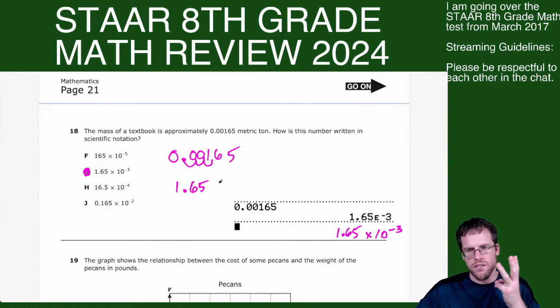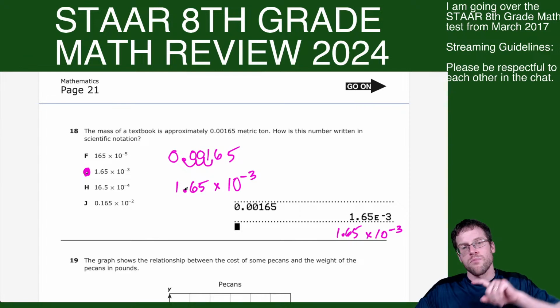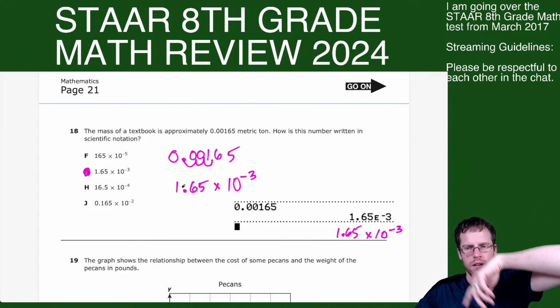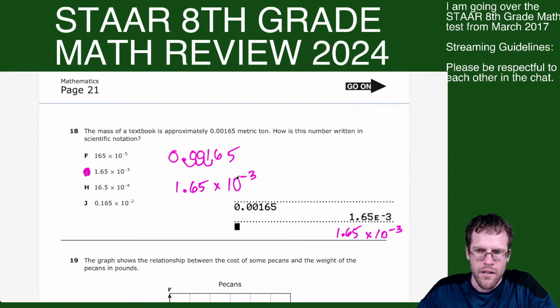I went 3 spaces. So then to undo that, if I went 3 spaces to the right, I'd have to multiply by 10 to the negative 3 to send the decimal 3 spaces back to the left. Okay, well, your left is probably this way. All right, so that's the idea. The other way to make sure that you're not doing times 10 to the positive 3 is when you multiply 1.65 by 10 to some power, to make it smaller, you have to multiply by 10 to a negative power, because this means divide by 10 3 times. And that would give you this.